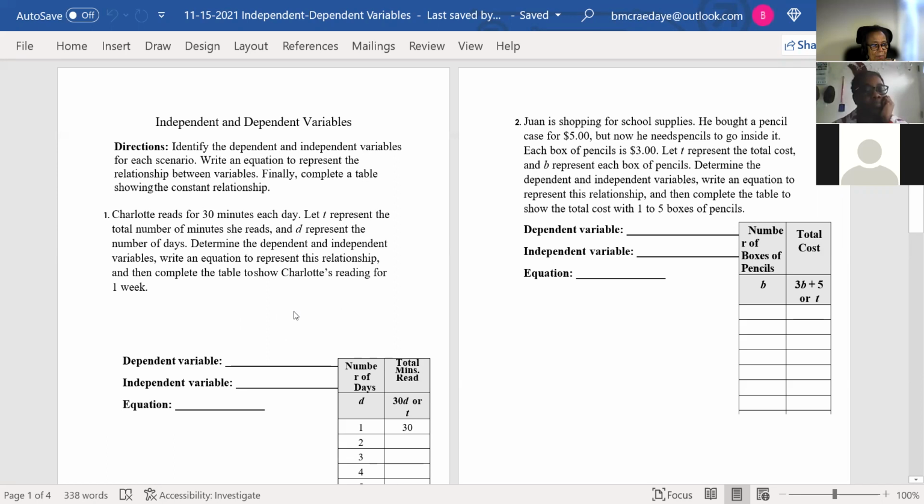The number of days. Yes, the number of days. So the dependent variable is the total number of minutes read, and that's dependent upon the independent variable, the number of days. So right in here, put the dependent variable is the total minutes read.